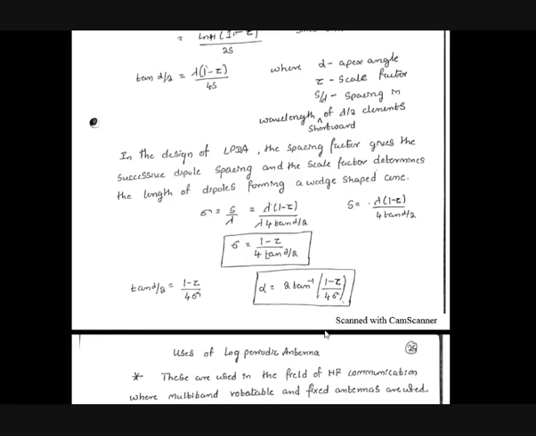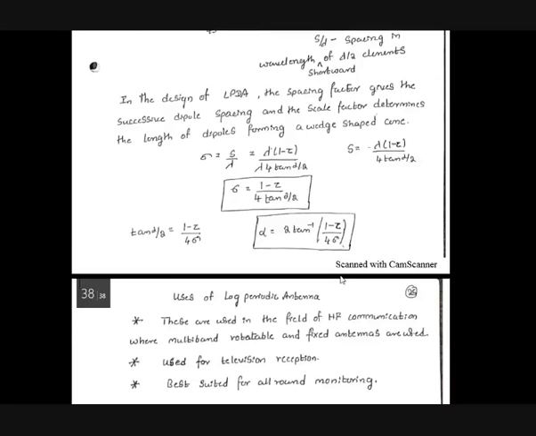This is how we can get the sigma, the spacing factor, and the scale factor tau with the help of alpha. If I know the spacing factor and scaling factor, I can identify the angle, or if we know the angle, we can get the spacing factor, and vice versa.